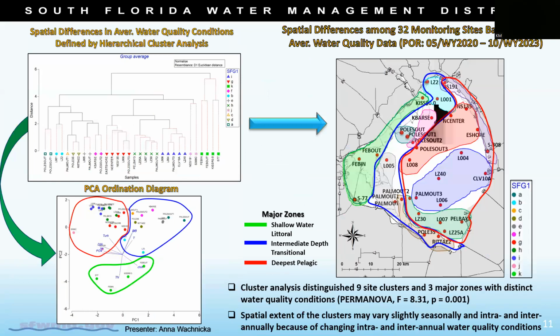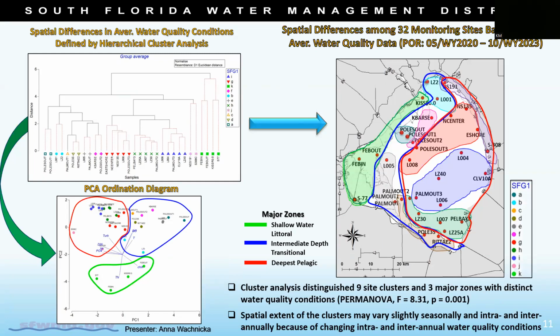Okay, so based on the data that we have collected since May of 2020, we can distinguish three major zones and 9 site clusters with distinct water quality conditions.